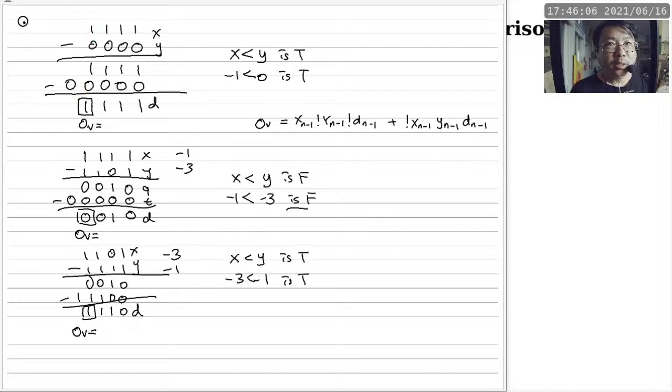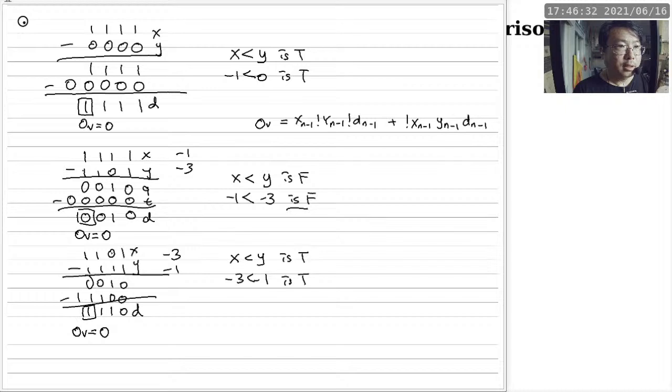Only those 2 patterns will give us an overflow of 1, meaning that this one doesn't fit that pattern. Overflow is going to be a 0. This one here, we have 1, 1, 0. Once again, it doesn't fit that pattern. Overflow is going to be a 0. And then over here, we have 1, 1, 1. Overflow is also going to be 0.